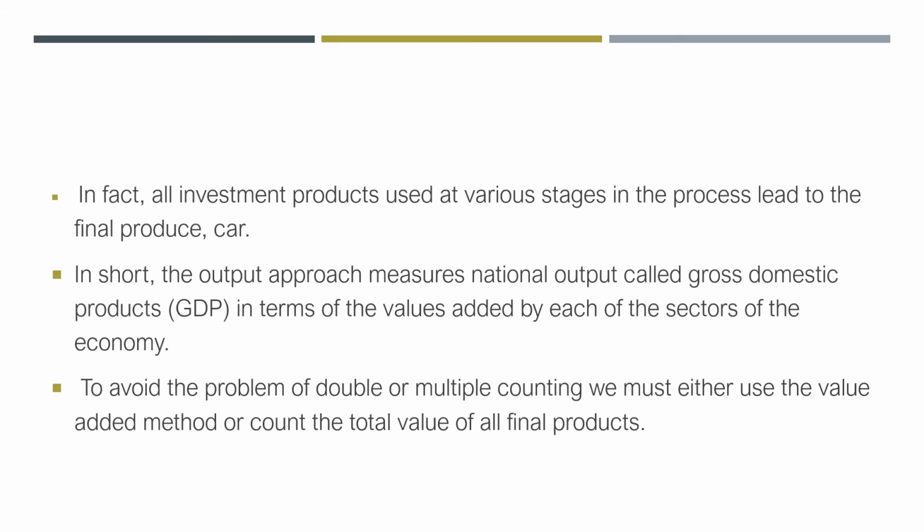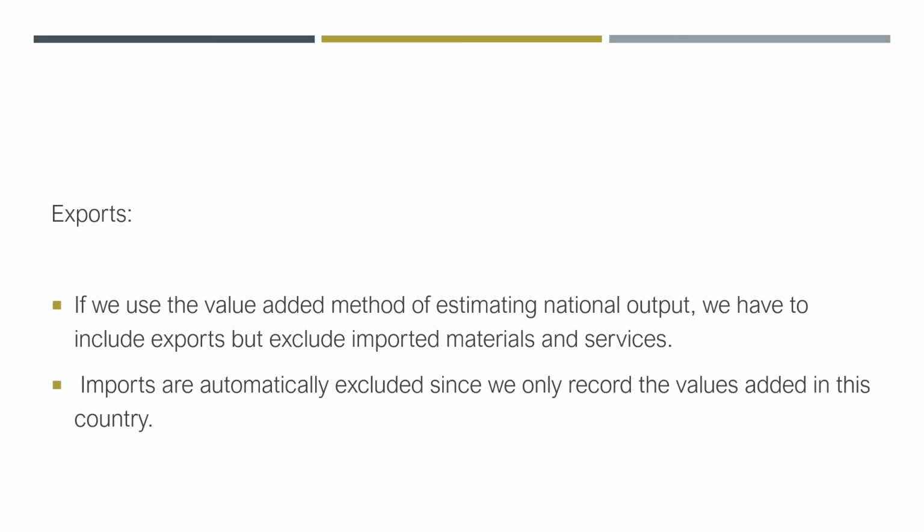To avoid the problem of double counting or multiple counting, we must either use the value added method, or we have to count the total value of all the final products. If you look into the case of exports, when you use the value added method of estimating national output, we have to include exports but exclude imported materials and services.